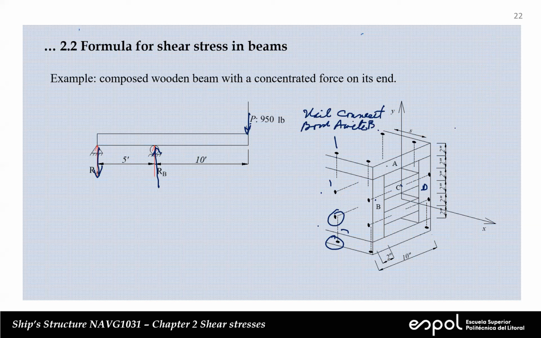So it's like having several very long boards. That's one. That's board A. And you have a different board like this.